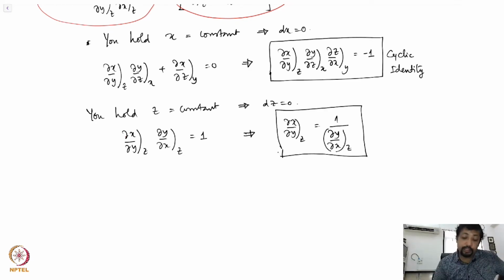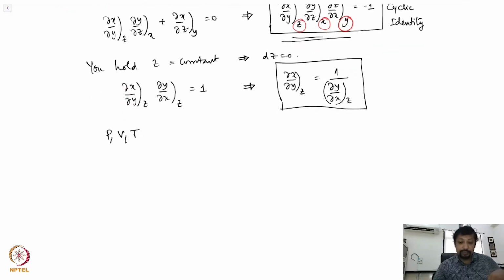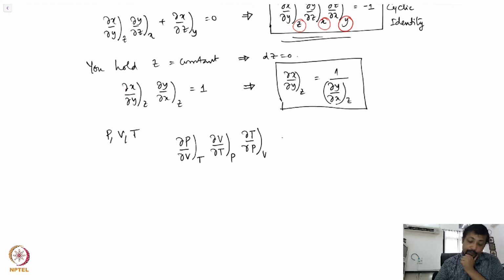So you must pay attention to the quantities which are being held fixed in the partial derivatives, right? If I now want to apply this to our hydrostatic system, we will take the cyclic relation and consider P, V and T. Applying this to PVT, del P del V at constant temperature, times del V del T at constant pressure, times del T del P at constant volume, must be equal to -1.